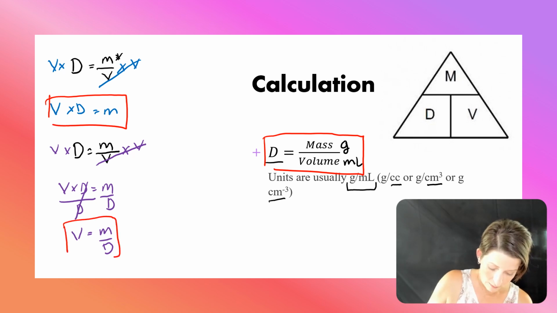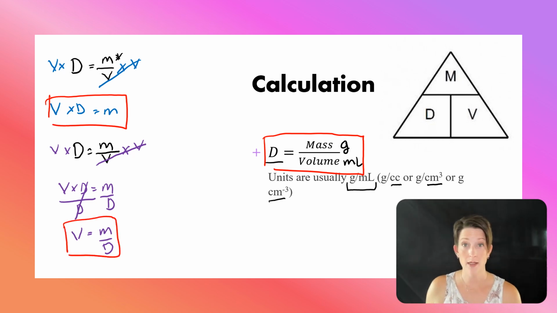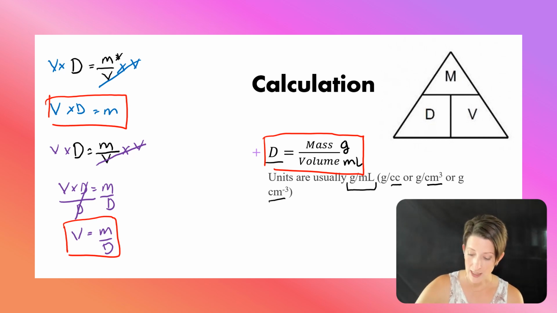If you're confident in rearranging these equations, great. Know one, understand it, have one memorized, and then solve for the others. If you're not confident in your ability to rearrange your variables, we have what's called the magic triangle. The magic triangle is up in this corner where we have density equals mass divided by volume.